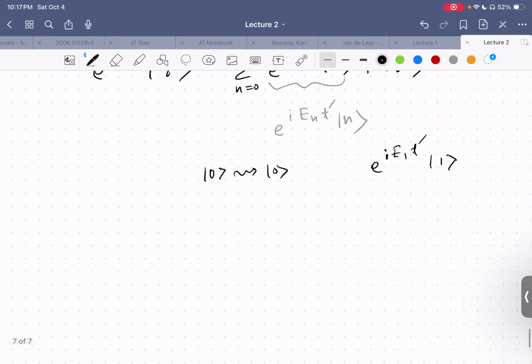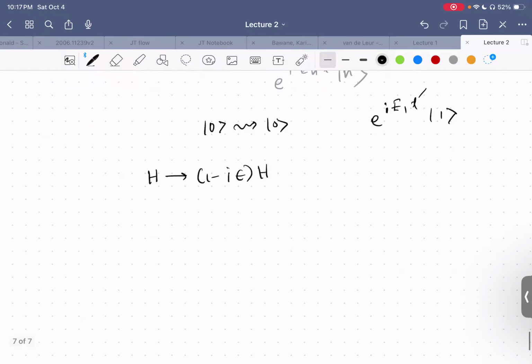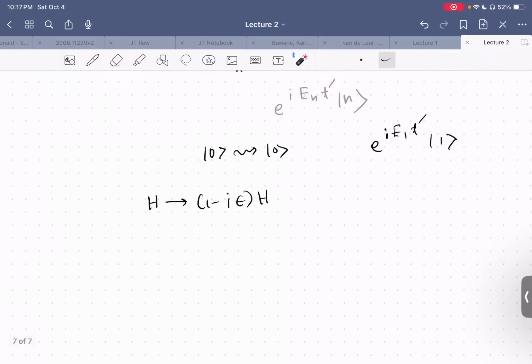So we will do the same here. We will replace our Hamiltonian with 1 minus I epsilon times the Hamiltonian. Again, the whole point of doing this is that in the quadratic part of P, this will put a negative coefficient, so that for large values of P we have exponential suppression, and then we can do the integration over P. But if we do that, what happens to this object?